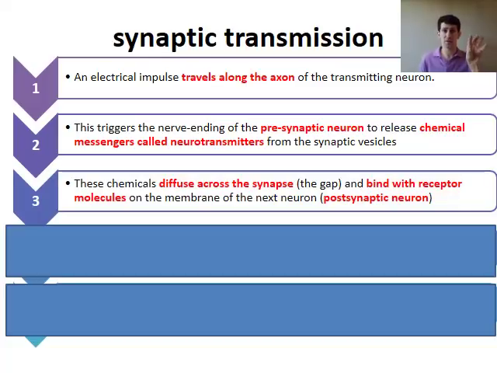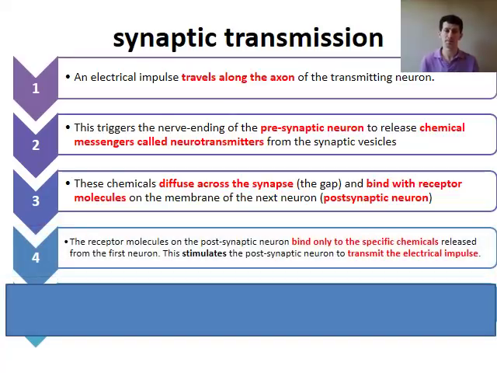These chemicals now, the neurotransmitters, your serotonin, your dopamine, move down the synapse. They diffuse across it, and they bind with receptor molecules on the postsynaptic neuron. So the neurotransmitters have moved across the synapse and land on receptor molecules on the postsynaptic membrane.